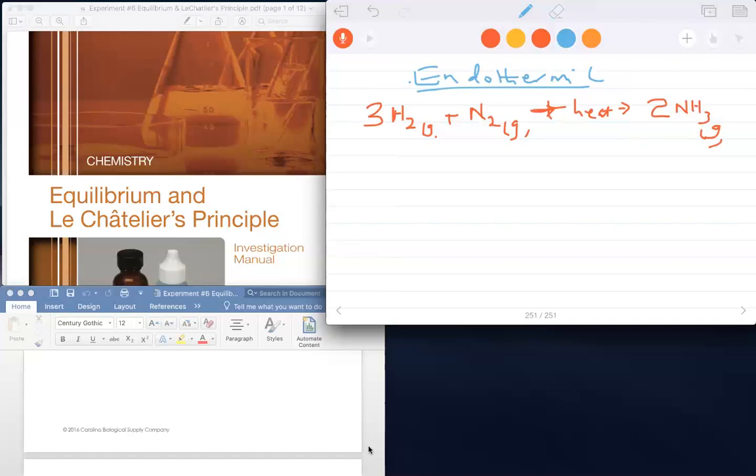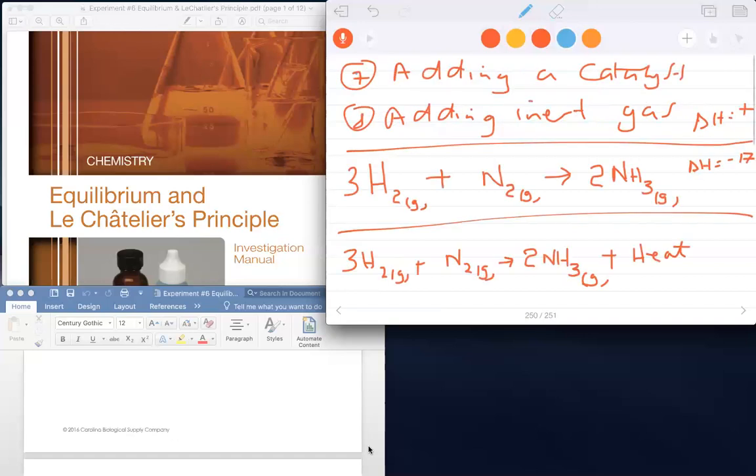With that, rewriting the equation including the heat in the thermochemical equation explains how the reaction will behave; you treat the heat as if it is a reagent or a product.